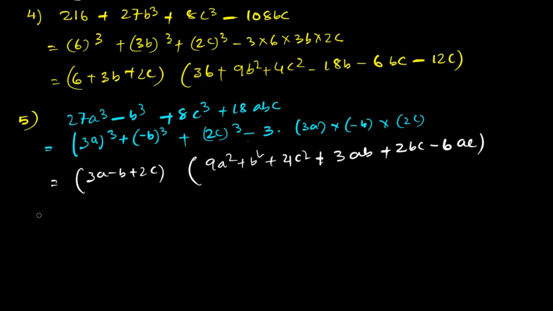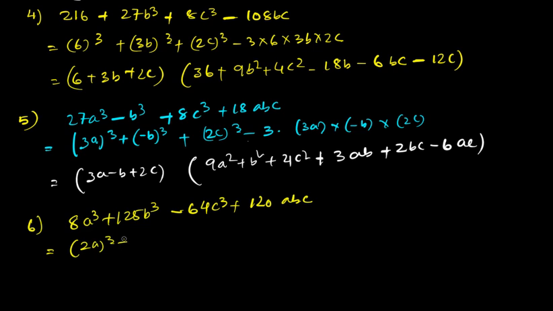Now the question number 6, which is given 8a cube plus 125b cube minus 64c cube plus 120abc. So we will be doing it in the same way. It's 2a whole cube, 5b whole cube plus of minus 4c whole cube, 3 into 2a into 5b into minus 4c.